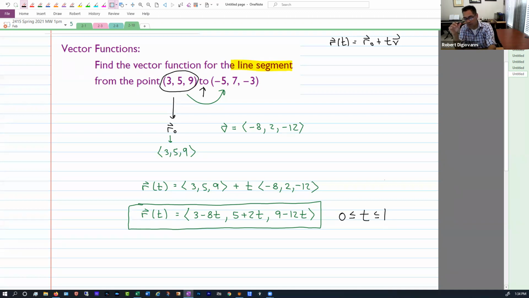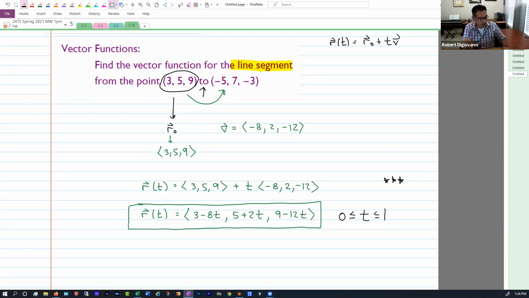Now I have a little asterisk, you know, those little disclaimers that you never read at the bottom of a form. Let me say it this way. It will always be restricting t between 0 and 1, always, as long as you do it the way I just showed you.